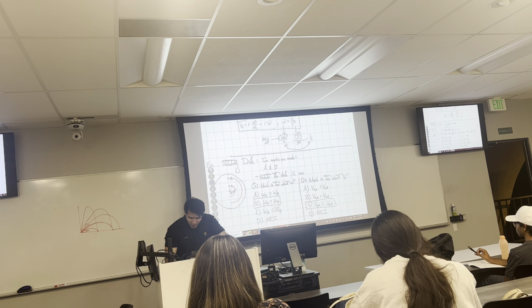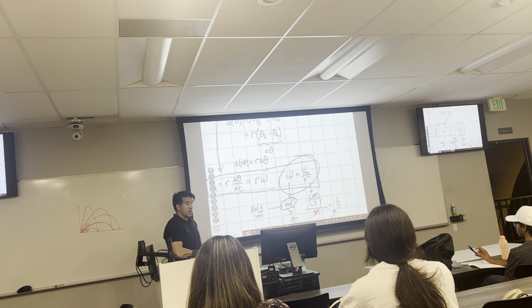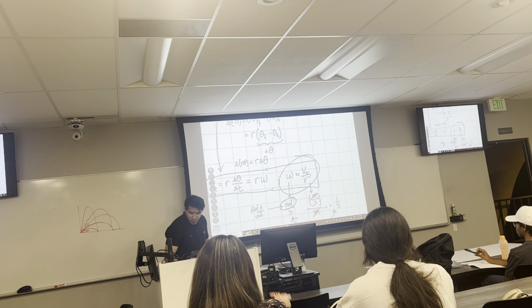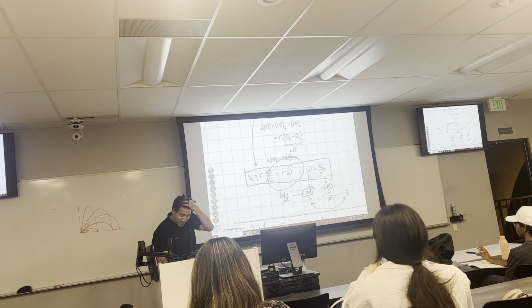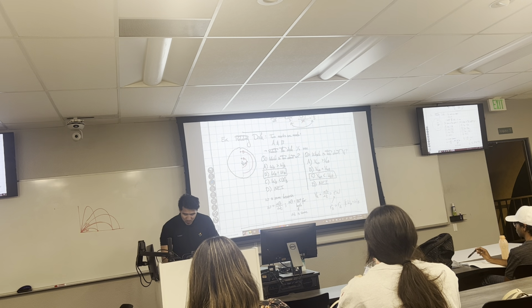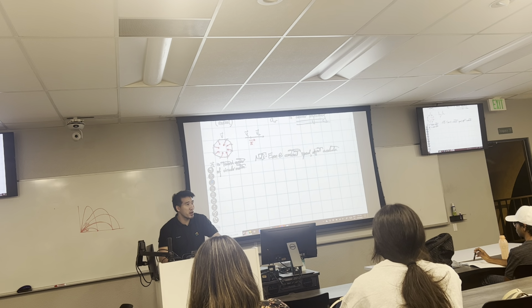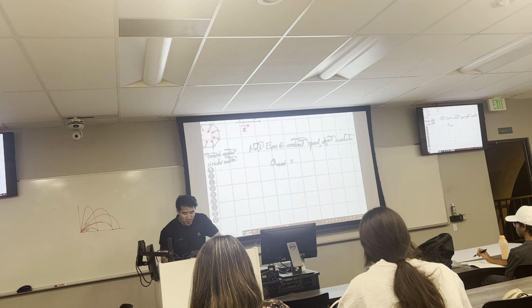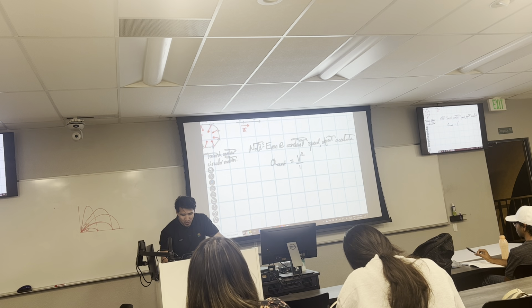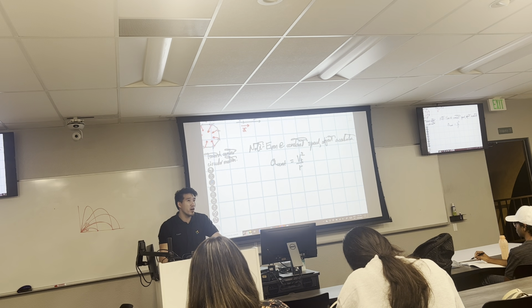And just like how the tangential velocity was very nicely related to omega, there's a very nice relationship that gives us the acceleration value. This centripetal acceleration is equal to v squared over r, or vt squared over r.